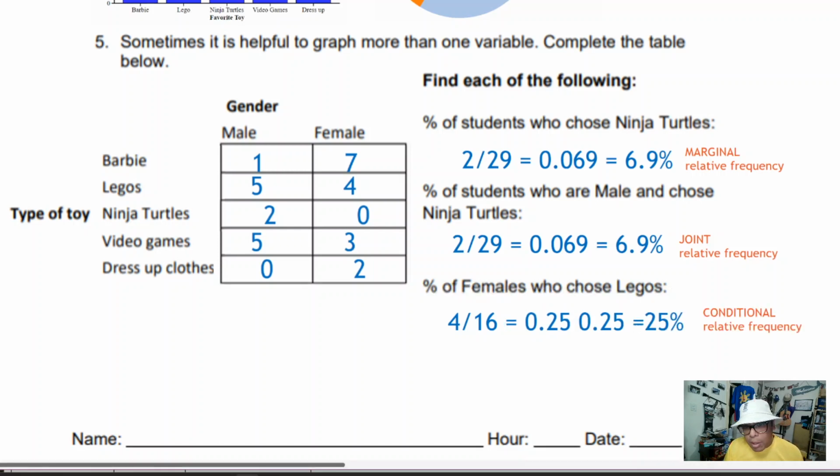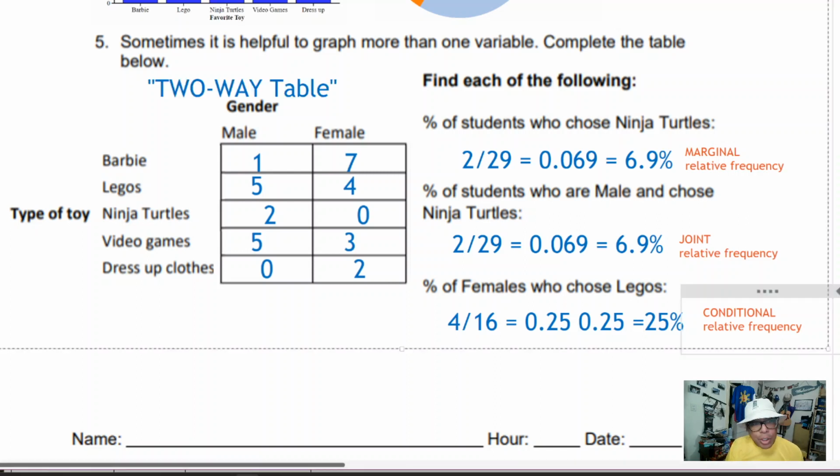This one has a name also. We're calling this a conditional relative frequency, because we're looking at what percentage of students preferred Legos or played with Legos on the condition that the student identified as female. So when you make that additional condition, when you're only looking at either one row or one column in your two-way table, then you're looking at a conditional relative frequency.